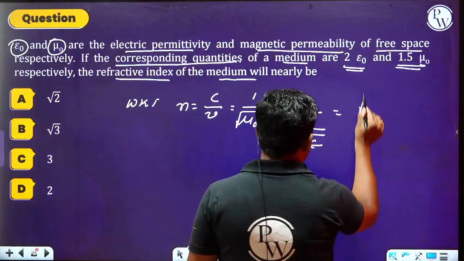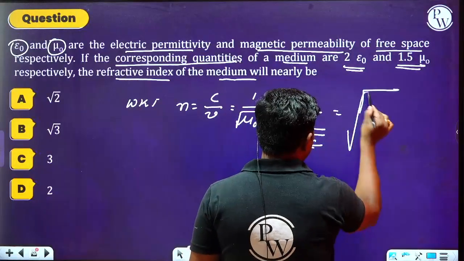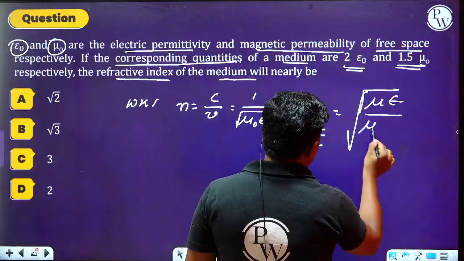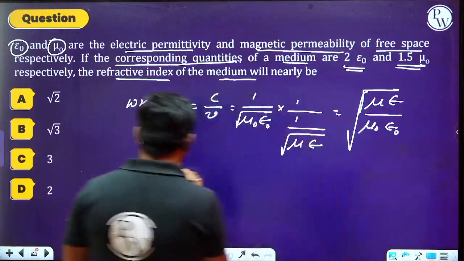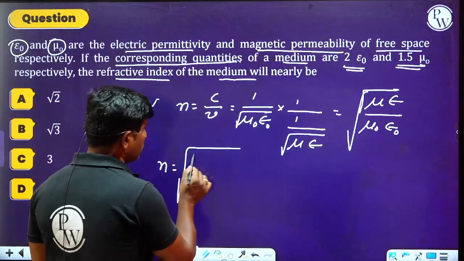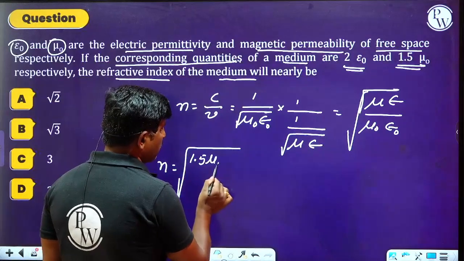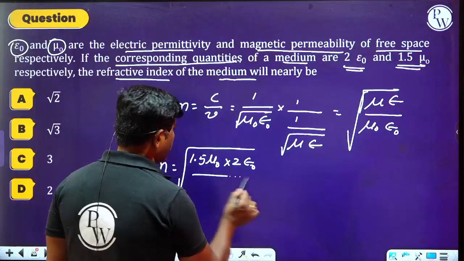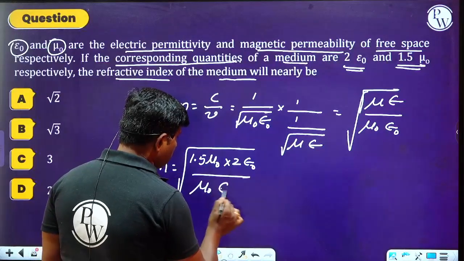We can write this as n equals root of mu into epsilon divided by mu naught into epsilon naught. So what is the mu value? Mu is 1.5 mu naught and epsilon is 2 epsilon naught, divided by mu naught into epsilon naught.